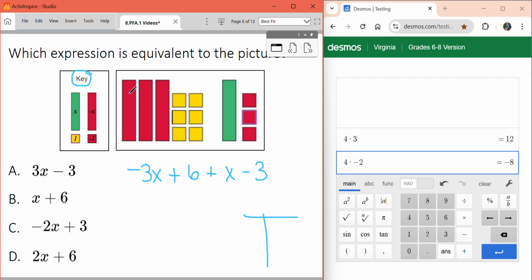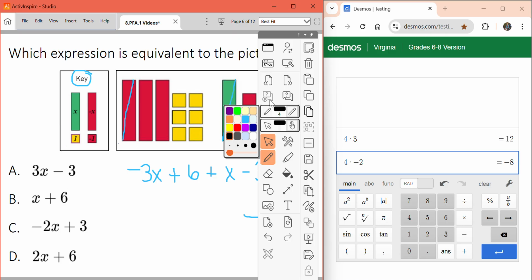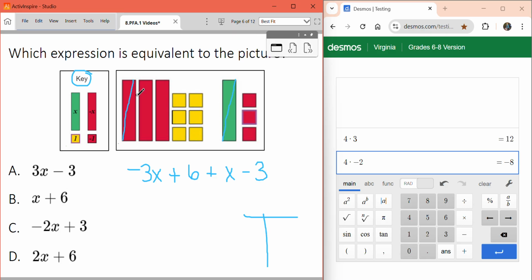So I know that this negative x and this positive x are going to cancel out. In fact, let me get a different color so I can show you better. I know that they make a 0 pair, that one and that one. So they are gone. I also know I can take 3 of these positives here and cancel them out with 3 of these negatives.